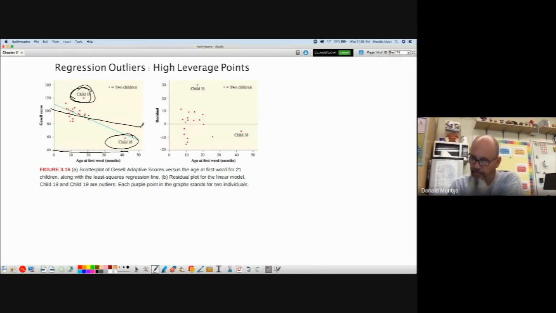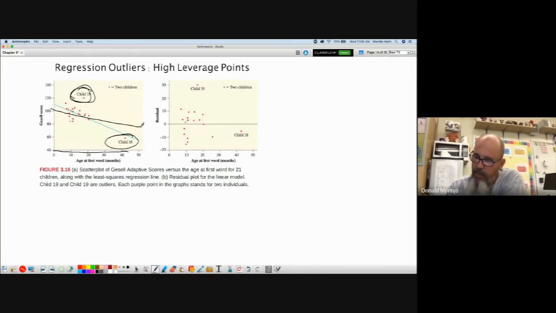If we were to remove child 19, it would also affect the regression line. It would make it more steep and give a higher y-intercept.